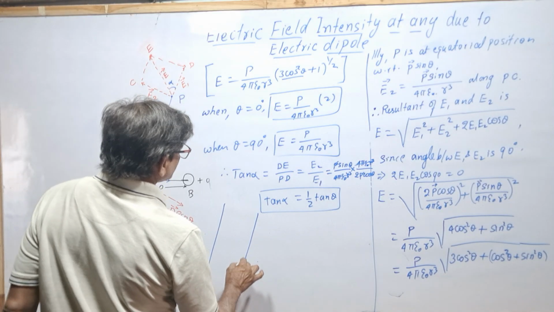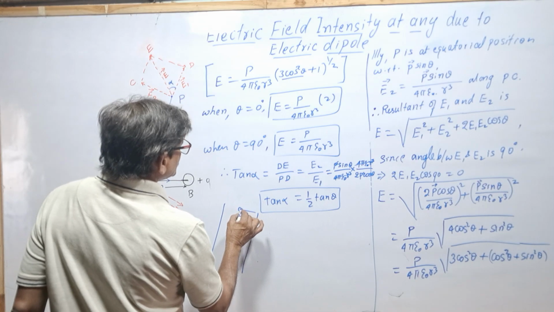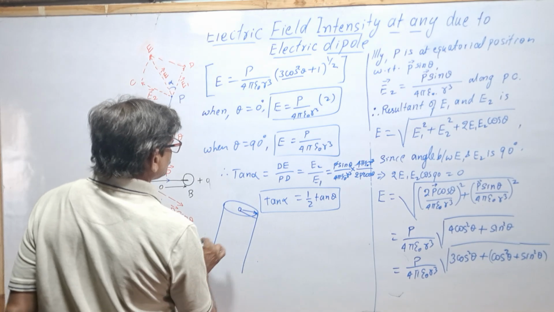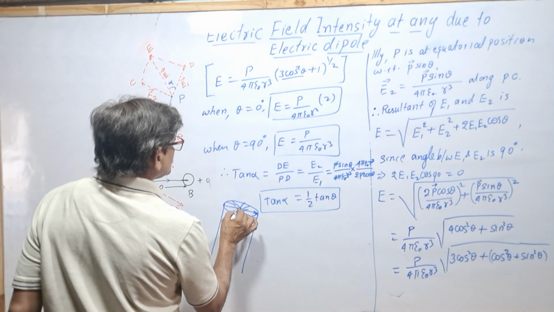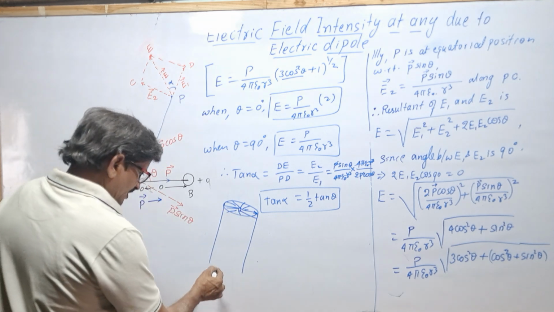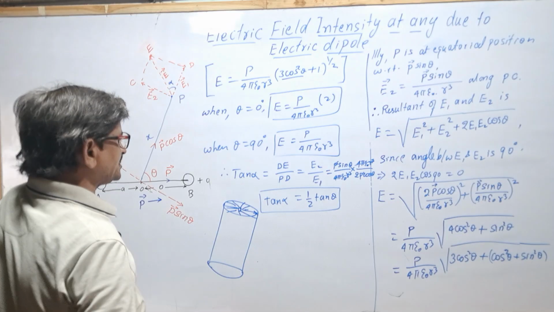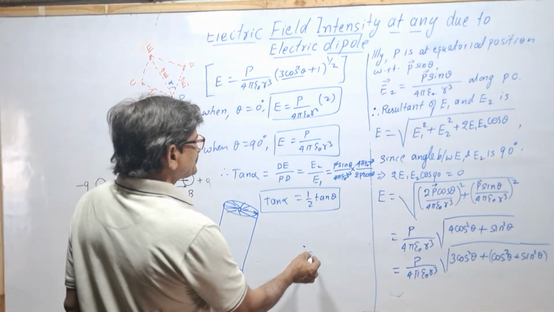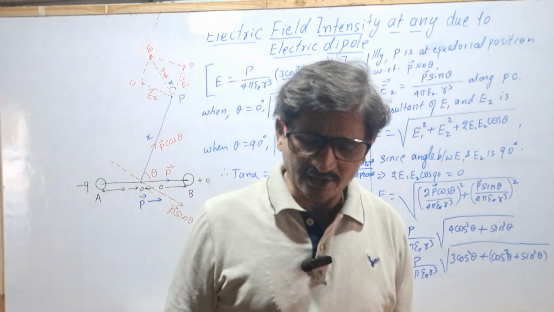Cylindrically symmetrical means that in all directions around the dipole it is in cylindrical form. For the negative charge it is the same, but the direction is opposite. But for a point charge, it is in a spherical pattern. Okay, thank you.